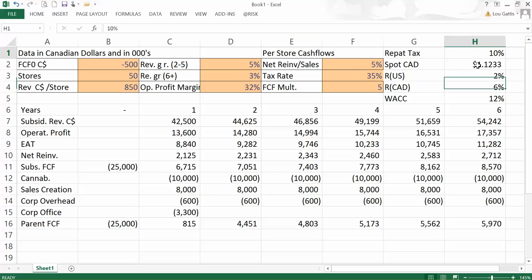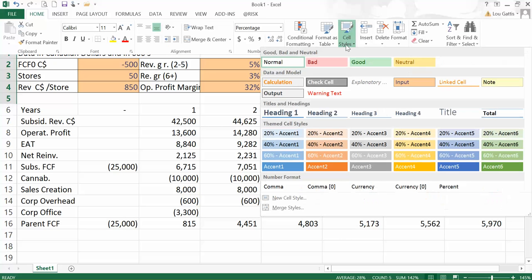I'm going to change these using a home cell style of input.